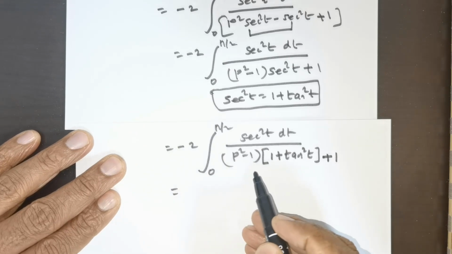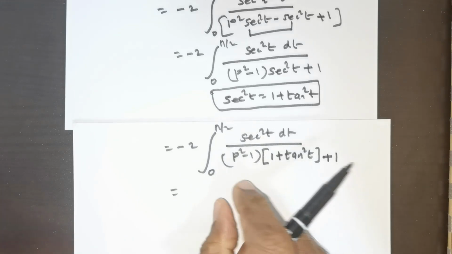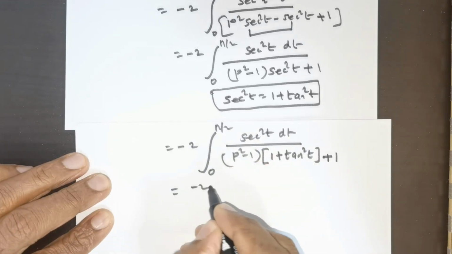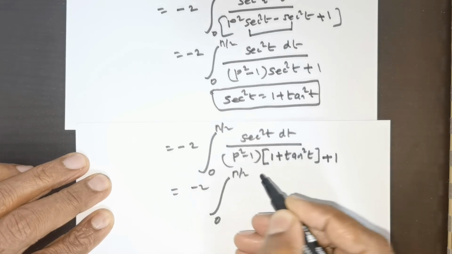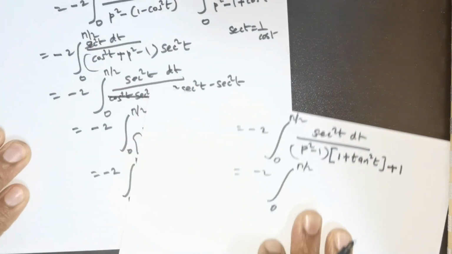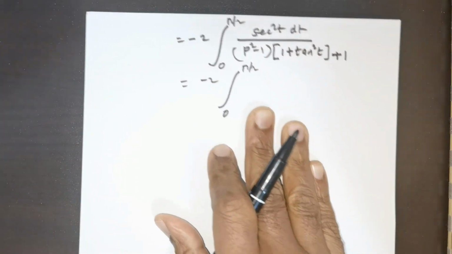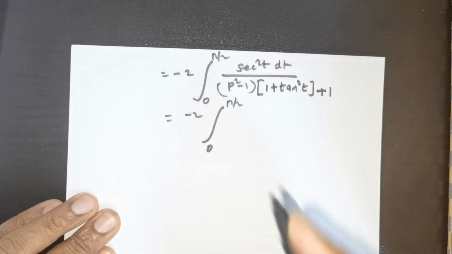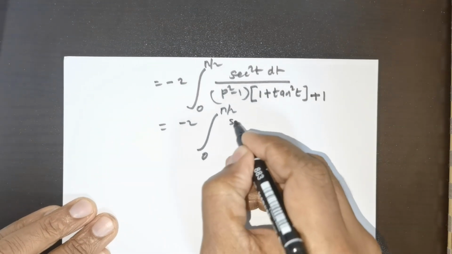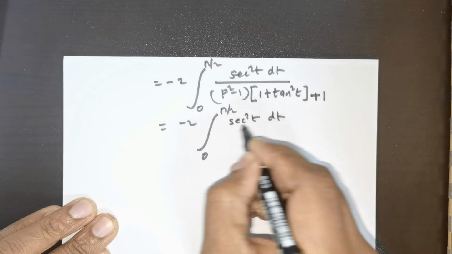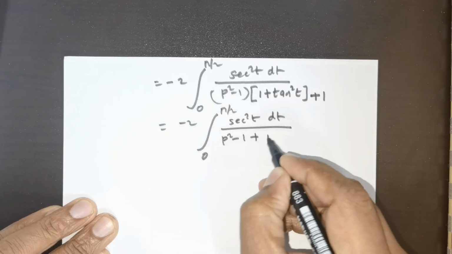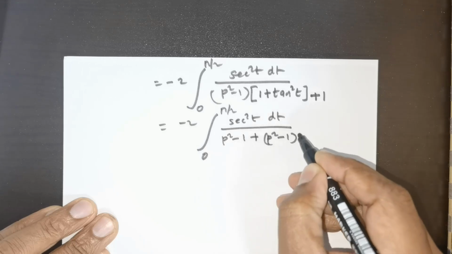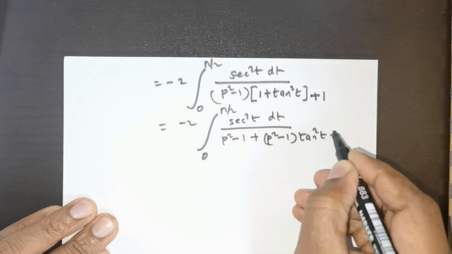Now I would want to distribute p squared minus 1. So if I were to do that, the integral from 0 to pi over 2 of secant squared t dt divided by, this is p squared minus 1, plus (p squared minus 1) multiplied with tan squared t, plus 1.